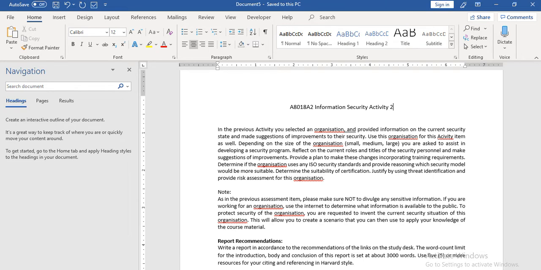We try to evaluate that security standard, and we conclude about its limitations, whether there are any limitations in overcoming the security problem that happened with the organization. Then finally we describe threat identification and risk management strategies. These are some important elements of this document.